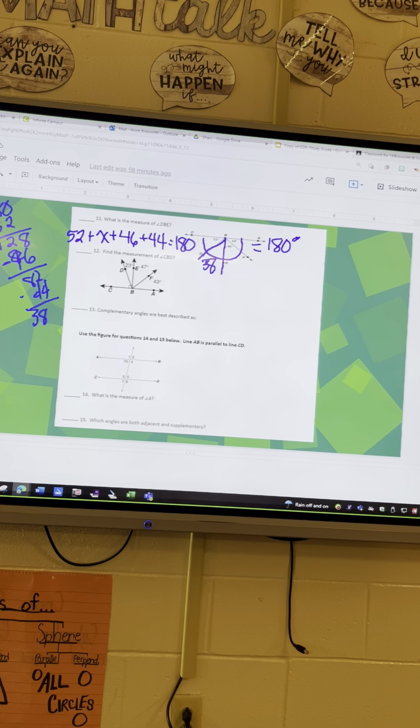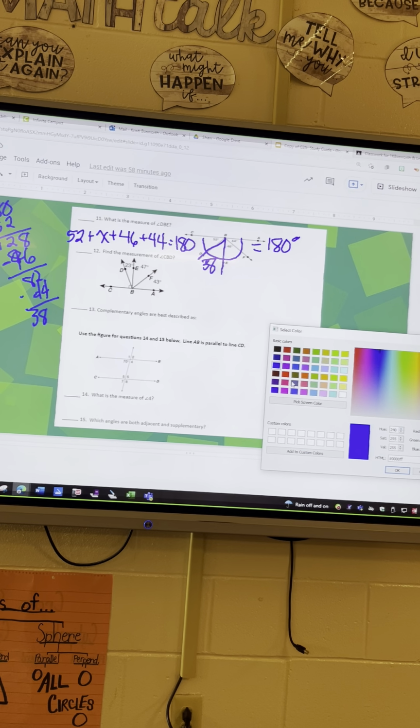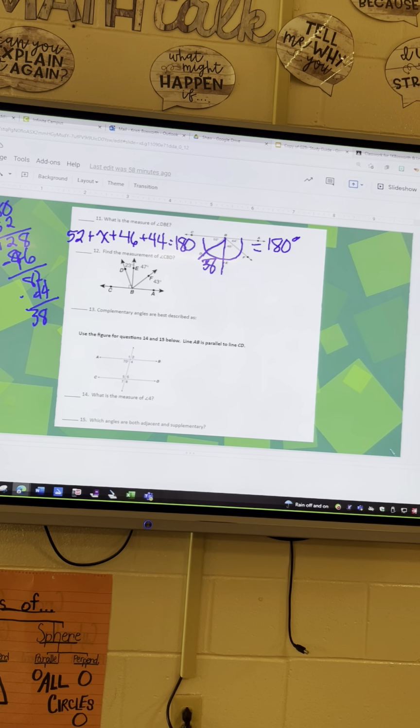Same thing with the next one. What is the angle CBD? Well, if I look right here, draw my semicircle, I know all of those together are going to be 180.